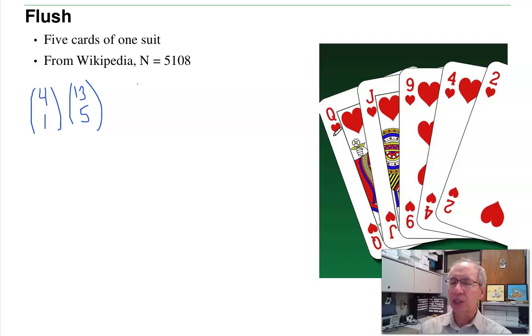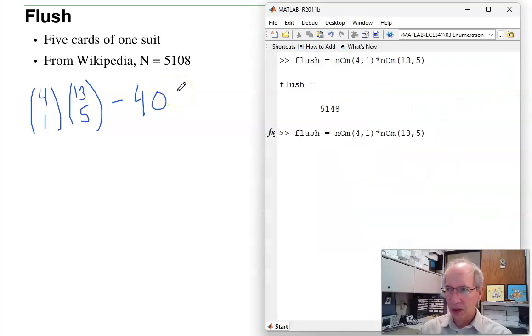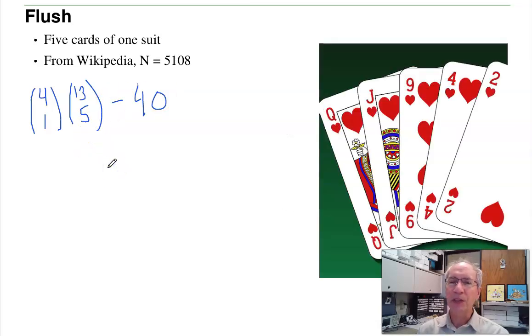So a straight flush can start from the ace, the 1, through 5, all the way up through 10 through ace. So there's 10 straight flushes times 4 suits gives you 40. So take that number minus 40. Those are the straight flushes. And I get 5108. That's how many different ways you can get a flush.